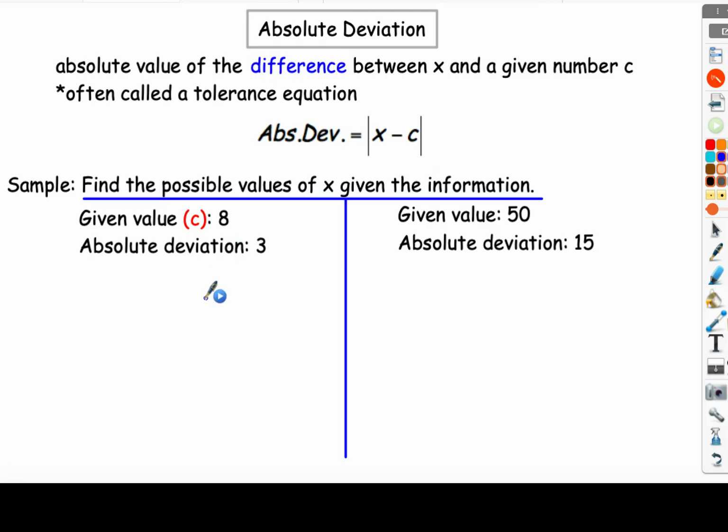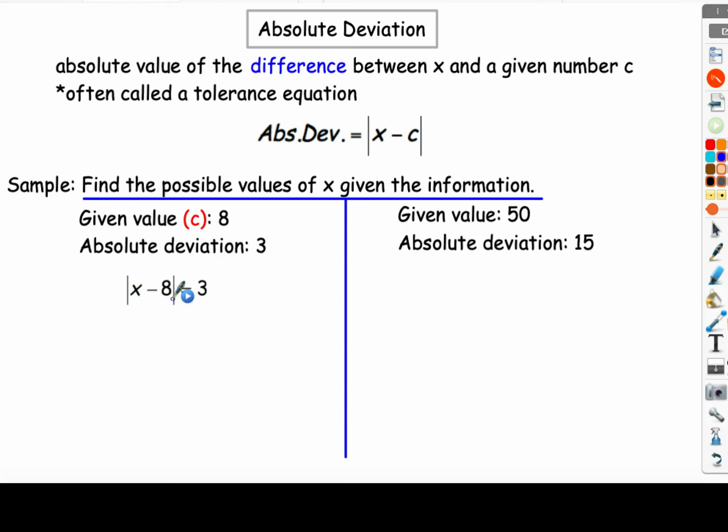So let's see a couple of problems working here. Given a value of 8, we want to know what number or numbers are 3 units, the absolute deviation of 3 from 8. So what I do is I plug my numbers in, the absolute value of x minus 8. What number minus 8 is how far from 8?